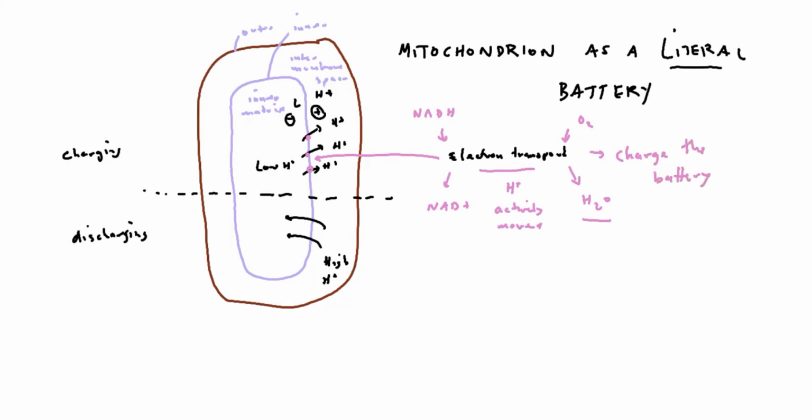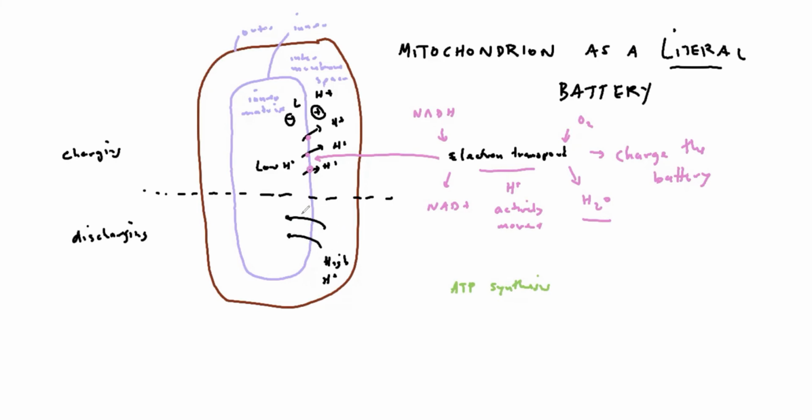Okay? The other thing that we need to account for is ATP synthesis. And we know that ATP synthesis is going to be requiring a lot of energy. And here the energy is coming from the battery.